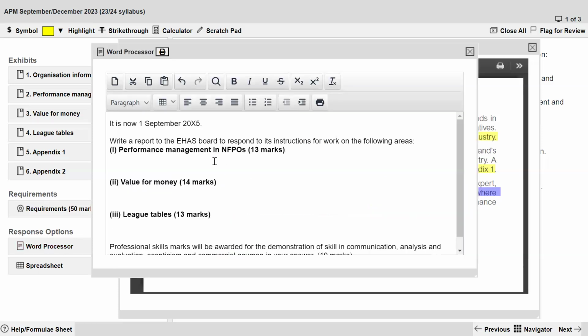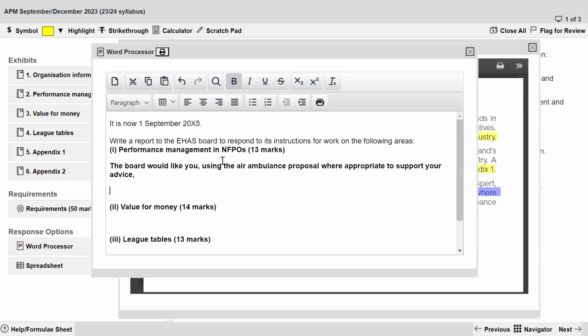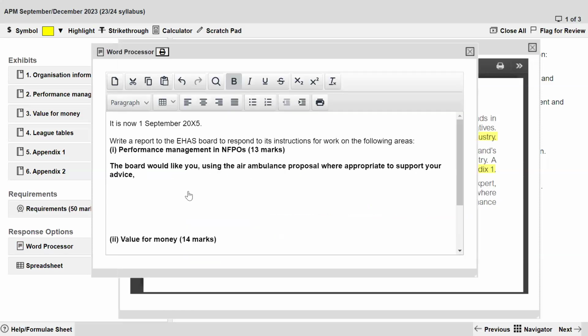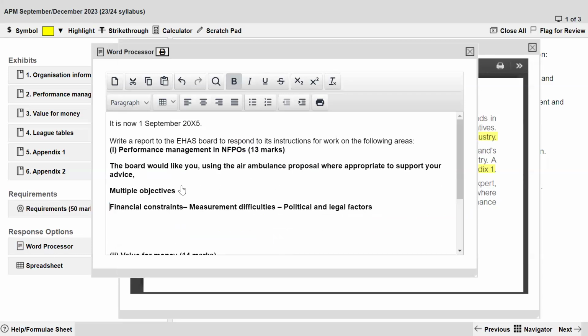So I'm just going to copy this. I've pasted in here. Then I actually say this. So what I've actually done here is that I've pasted these things here.